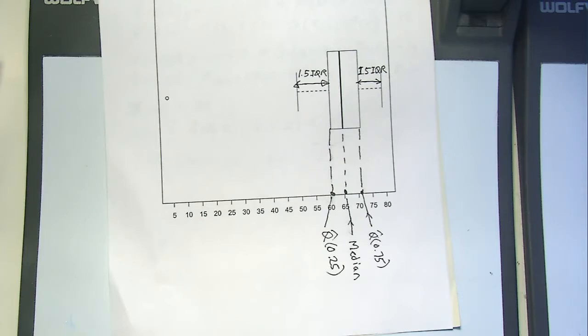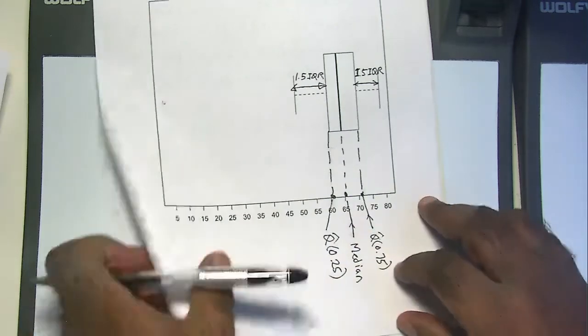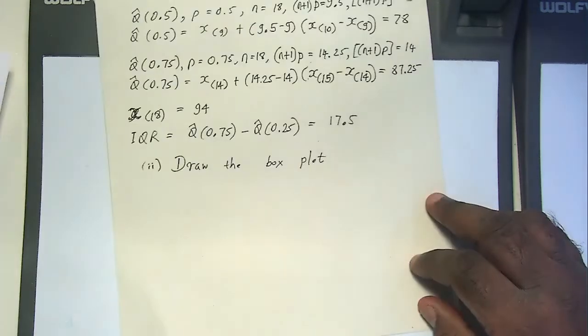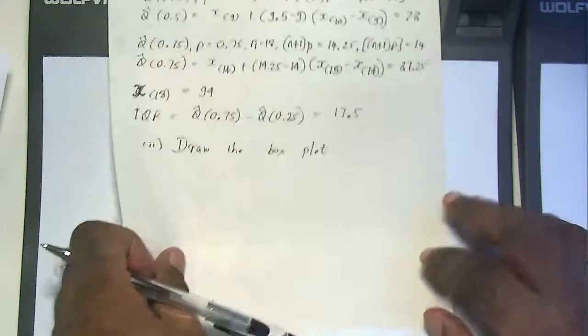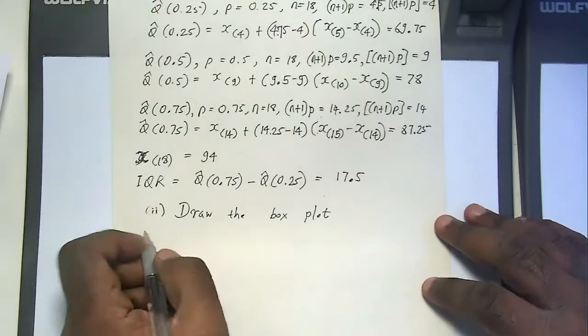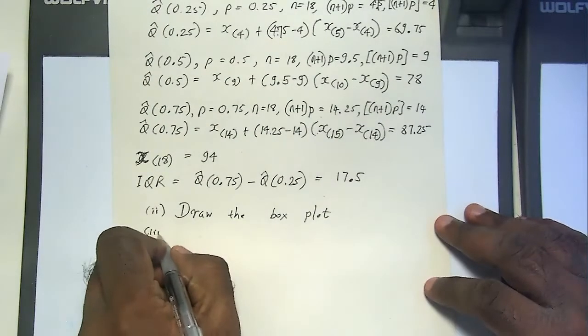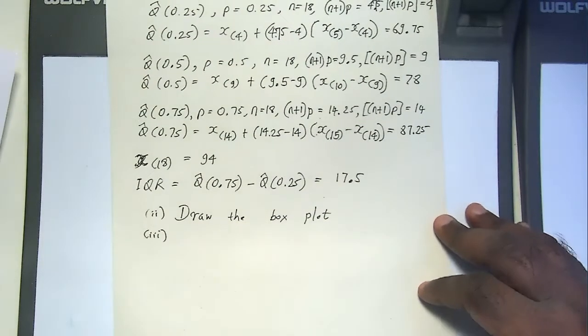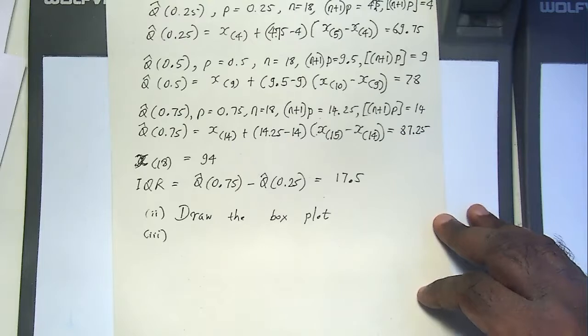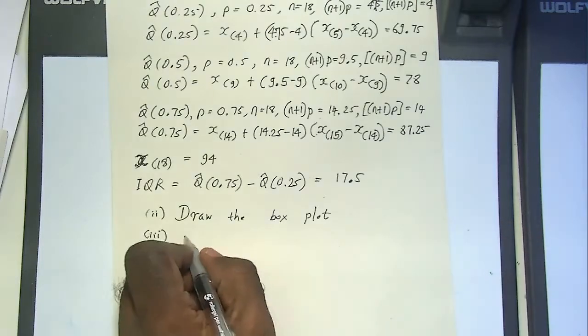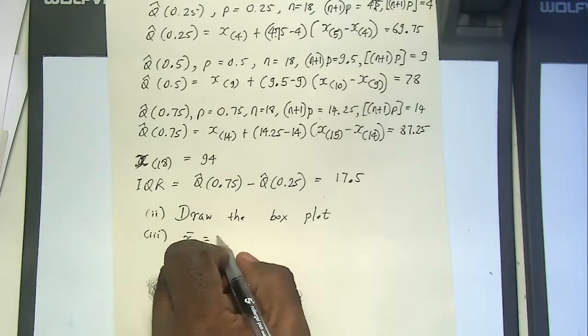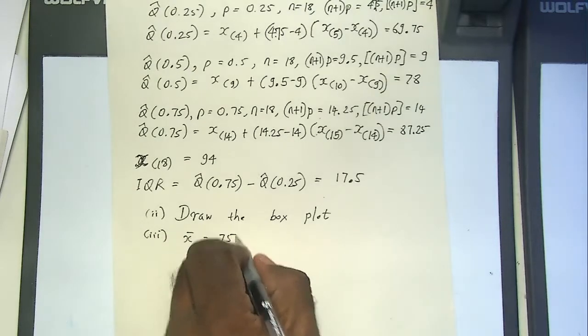All right. Now the third part, part 3 of question 5. So we are done with that. Returning to this, part 3 is asking you to compute the mean and the SD. The sample mean turns out to be 75.06.